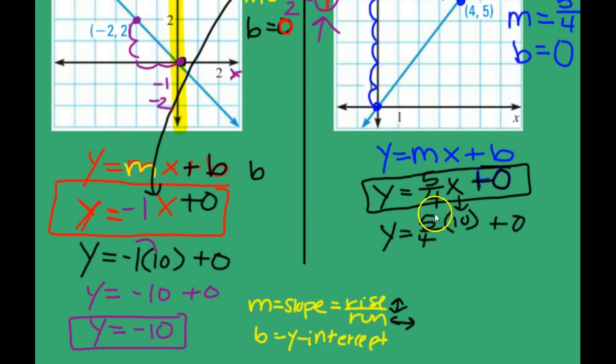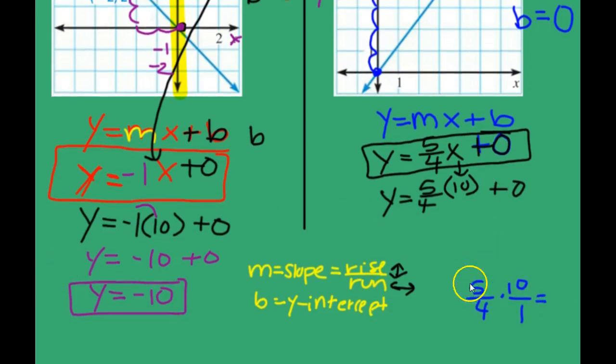If we multiply 5 over 4 times 10, well, 10 is the same as 10 over 1, so we can multiply straight across. 5 times 10 is 50. 4 times 1 is 4. So 50 divided by 4, that's when I would plug in my calculator, and I would get 12.5. So when we multiply those two numbers, we get y equals 12.5.